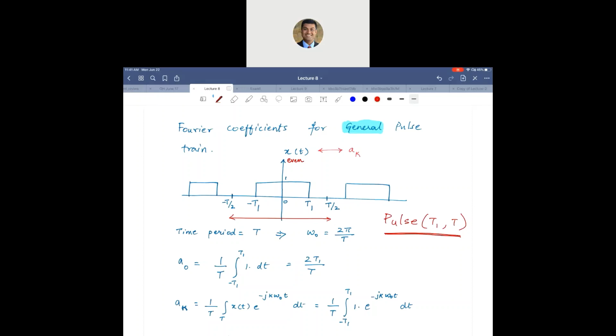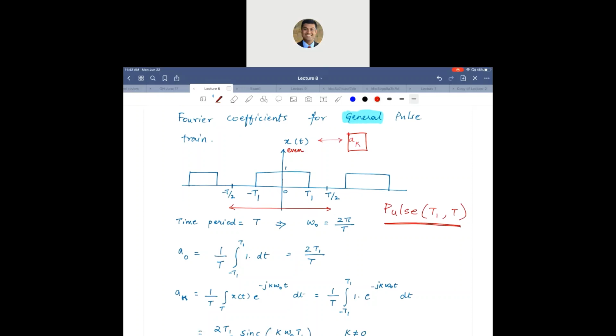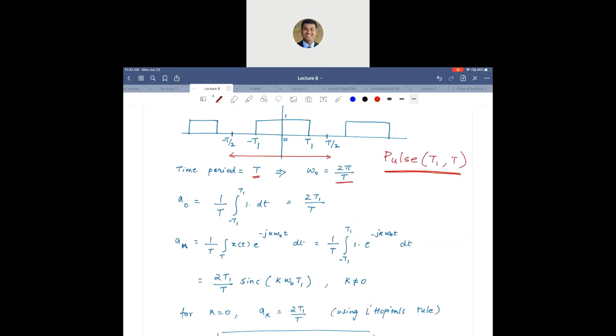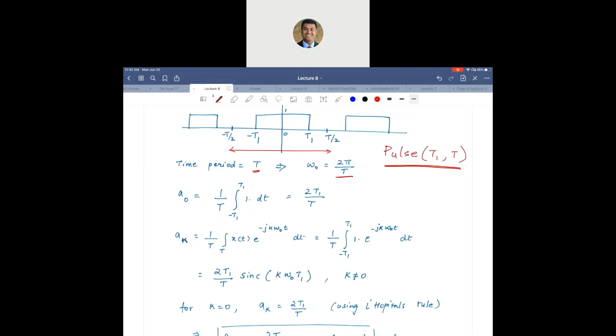Now to find the Fourier series coefficients a sub k for this general pulse train, we will follow the same procedure. First, find the time period. Well, the time period is T. What is omega naught? 2 pi divided by T. What is a sub 0? Integrate over one time period and then divide by the time period.